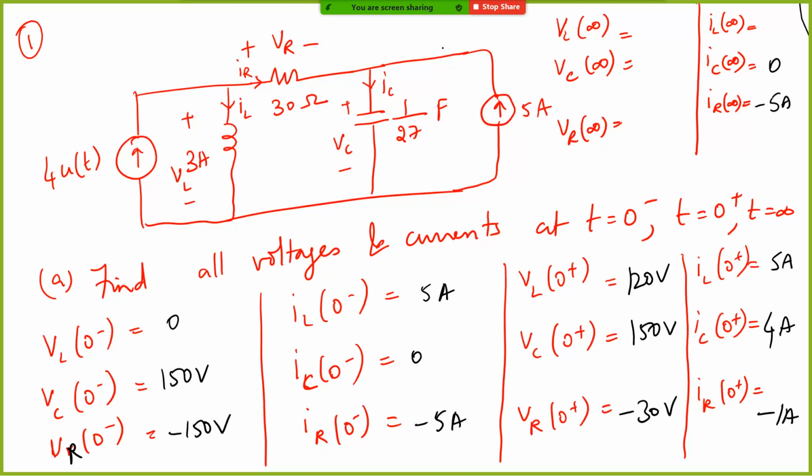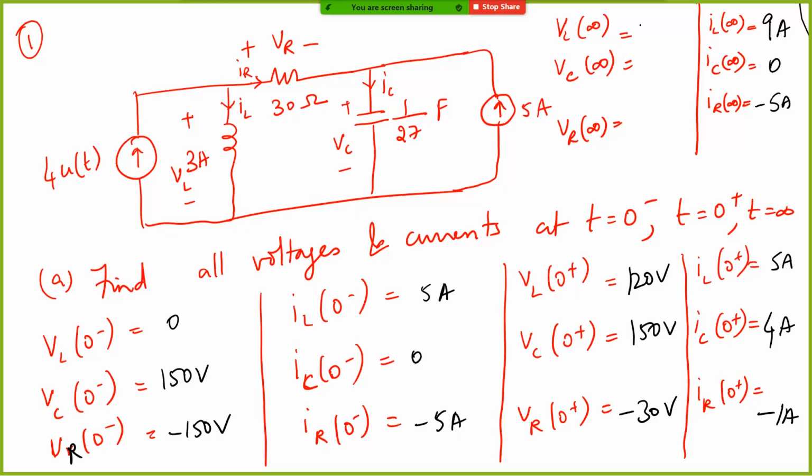It has to go through the resistor. And IL is 4, so 9 amps. Correct, 9 amperes.